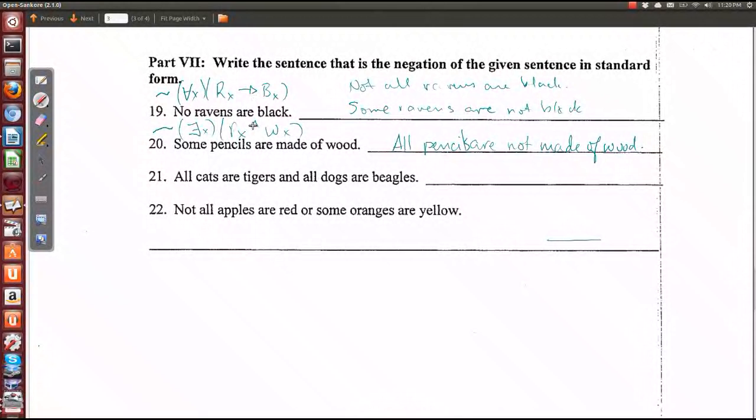And the way I get from a conjunction to a conditional through negation is by denying the consequent, not made of wood. Now I certainly can write this as no pencils are made of wood. Either sentence is perfectly acceptable here.